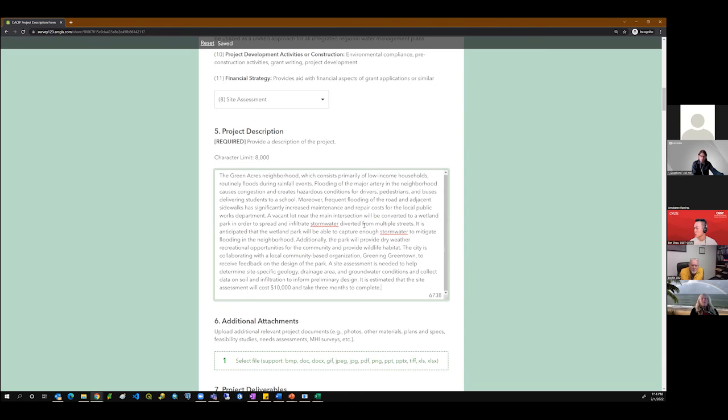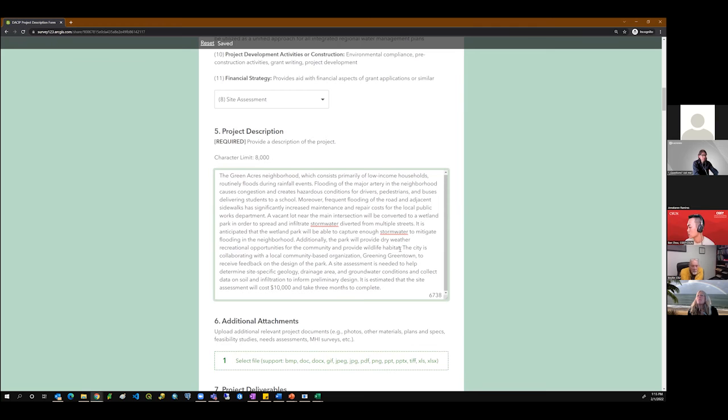This next section is just talking about the idea of converting the vacant lot to a wetland park to capture stormwater and divert it. And then it talks about some of the benefits of the park. So in addition to mitigating flooding, the park will provide recreational opportunities in dry weather as well as serve as wildlife habitat.